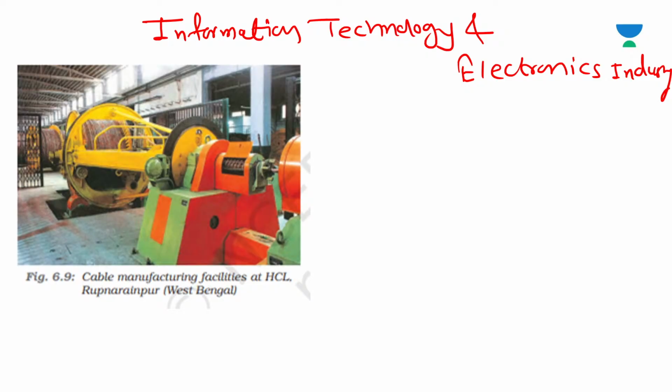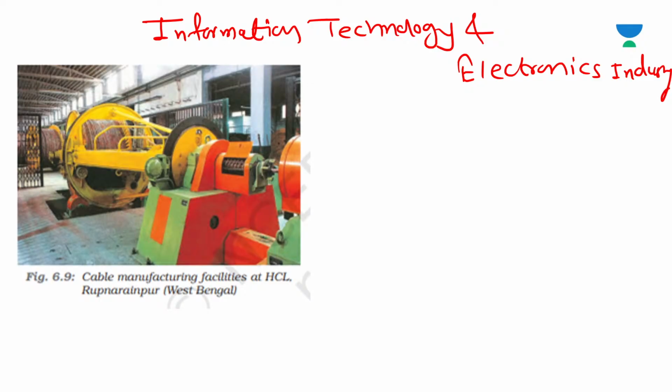Other important centers for electronic goods are Mumbai, Delhi, Hyderabad, Pune, Chennai, Calcutta, Lucknow, and Coimbatore. Now, the major industry concentration is at Bangalore, Noida, Mumbai, Chennai, Hyderabad, and Pune. So, major impact of information technology and electronics industry has been on employment generation.